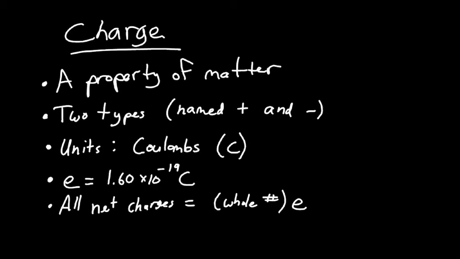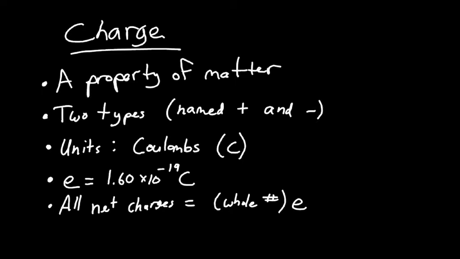To quantify how much charge something has, we measure it with a unit that we call coulombs, and since we have two different flavors or two different varieties of charge, we could have a positive number of coulombs or a negative number of coulombs. You might say, well, what's a coulomb? How is that defined? What's that related to something that I know?